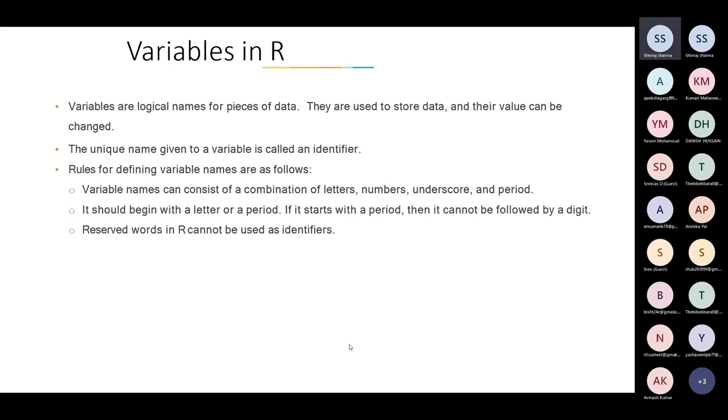That variable contains the value, or you can say the data, that we have. And every variable has a unique name, which is known as an identifier, because in any programming language you can't assign the same variable name to multiple data. So the name of the variable will be unique.